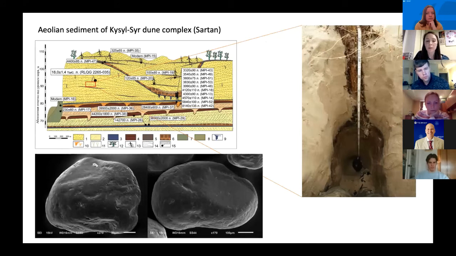It's alkaline because we have these very well-rounded grains, and special elements on the surface like crescentic gouges, and a few more elements.